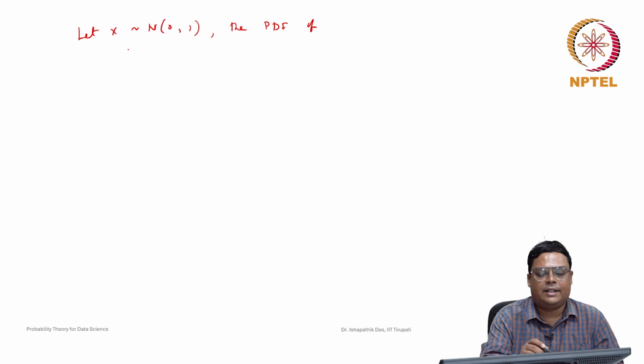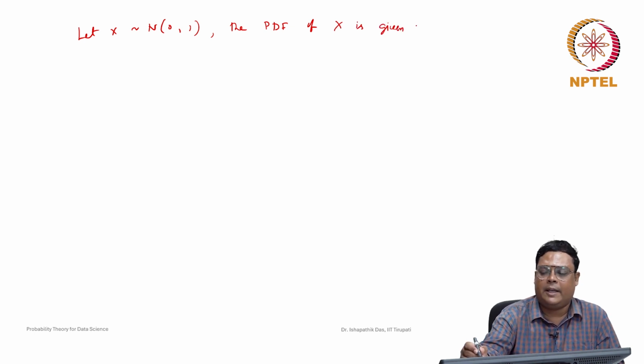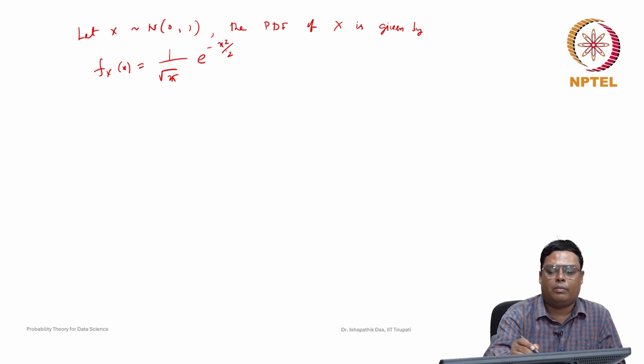Let X be normal distribution, mean 0 and variance 1, then the probability density function of X is given by f(x) equal to 1 by root 2 pi e to the power of minus x square by 2, because sigma is 1 and mu is 0, with x from minus infinity to plus infinity.